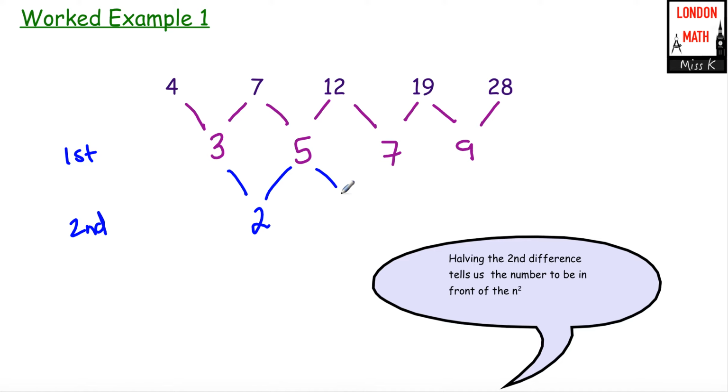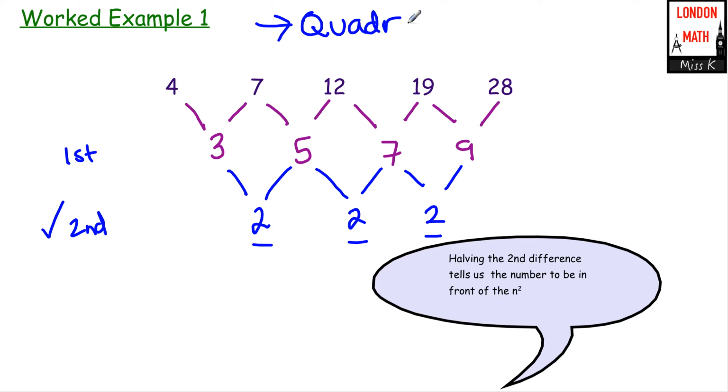The difference between 5 and 7 is 2. And the difference between 7 and 9 is 2. So now these are all the same. So when we have a second difference, it means the equation is quadratic. A quadratic nth term will have a thing called n squared in its formula.